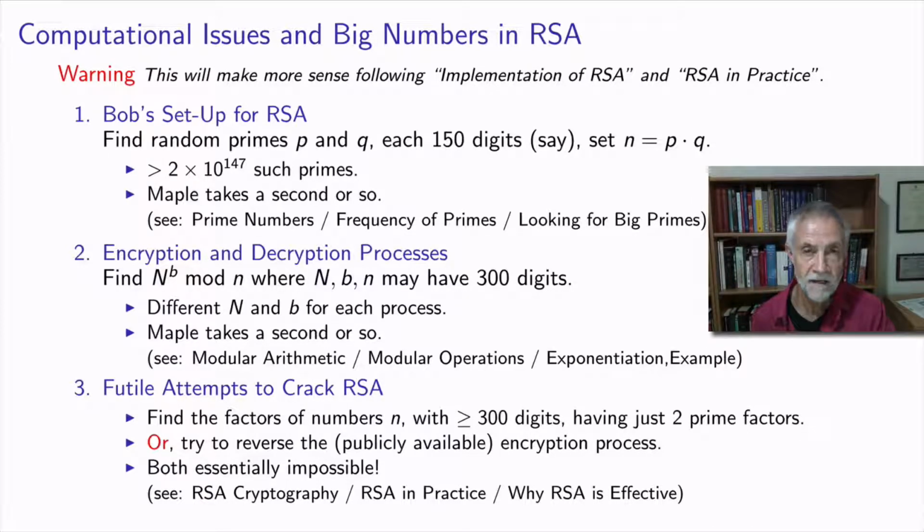So both are essentially impossible to do, whether it's reversing the encryption process or factorizing the initial publicly available number n. And the reason, of course, that factorising n would allow us to crack the RSA method is that the number n is what's used in doing the setup process here. And this is discussed later on under RSA cryptography, that's this section, and then RSA in practice, and why RSA is effective, if you look at that particular slide.